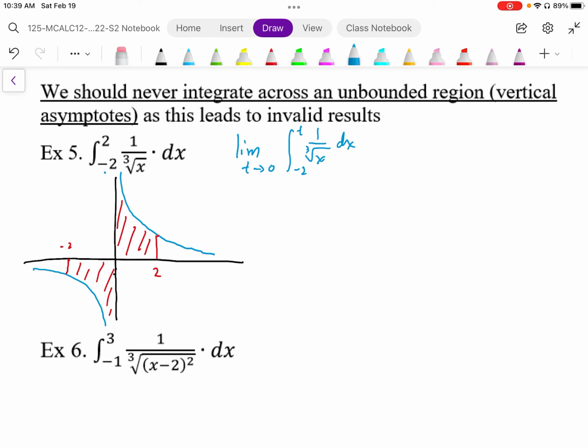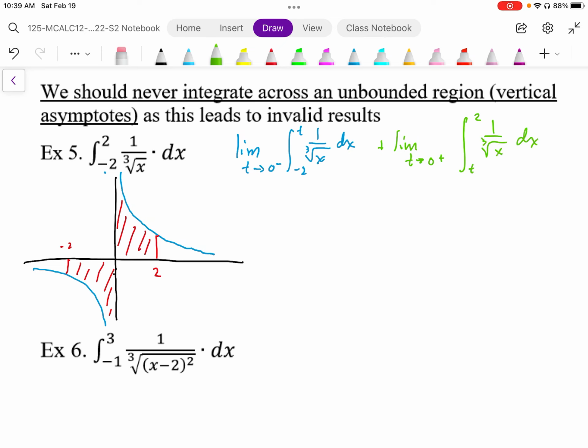And then I need one from the other side. Plus, I'm sorry, we have to make sure that this is a one-sided limit because I'm approaching 0 from the negative side here. And then plus the limit as t approaches 0 from the positive side, and this is going to be the integral from t to +2 of 1 over the cube root of x dx.